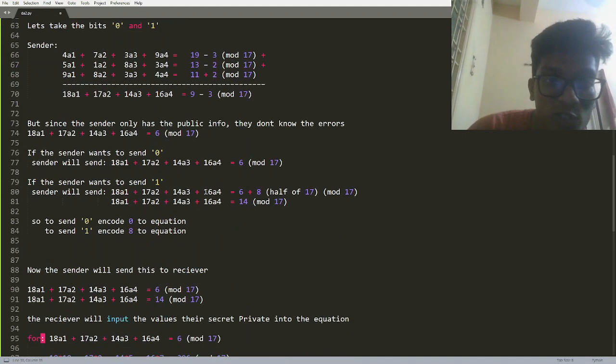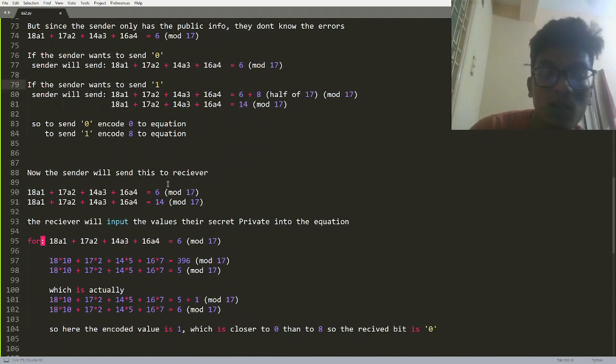But for our solution, there will be no natural error. Here the natural error is close to 0. That means while encoding here, the sender didn't add any number to the final answer.